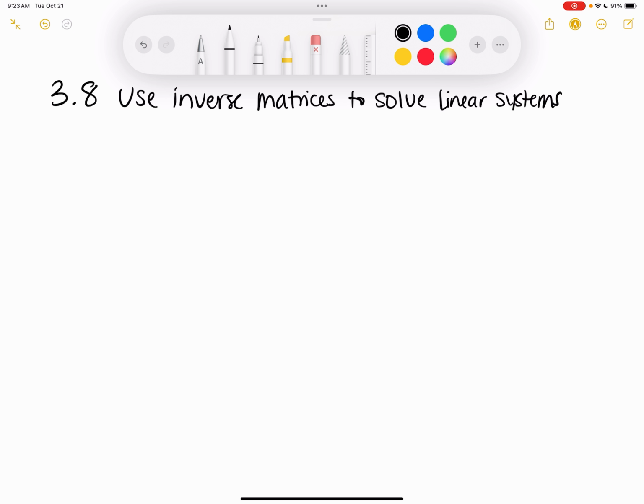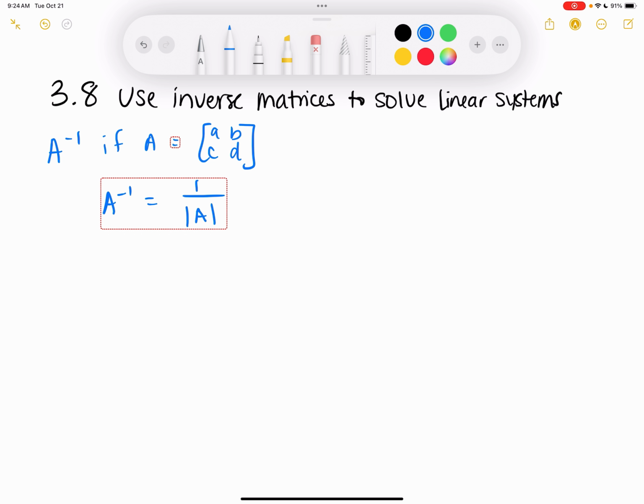So this is in your notes, so just as a refresher, to find the inverse of A, if A is the matrix A, B, C, D, we would do 1 over the determinant of A times, we swap A and D, and then we change the sign of B and C to make them negative, or if they're negative, we make them positive.